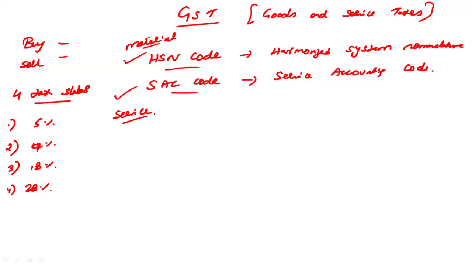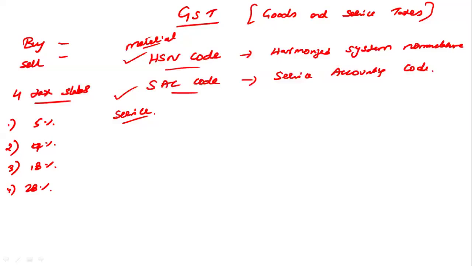For example, if you are buying a bulb, a normal bulb will have one HSN code and a particular tax percentage. An LED bulb will have a different HSN code and a different tax percentage. So based on the material, the HSN code varies and the tax percentage changes.